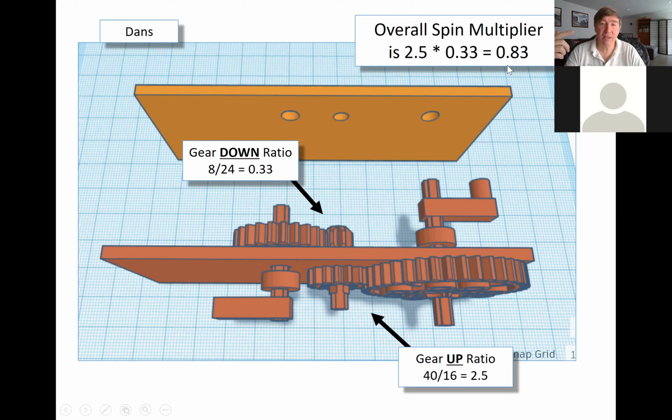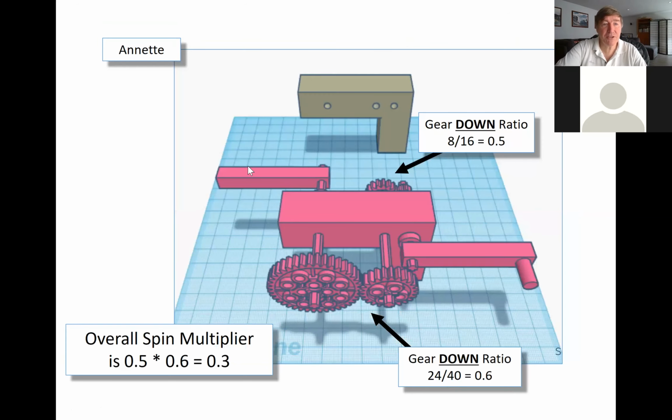He got one where for every time he turns the crank, the output flag turns less than 1 time, okay? Which is part of what I wanted you to learn, that by choosing your gears in various ways, you can get a whole lot of different outputs out of your machine here. Okay, so Annette here did this. Similar type thing.